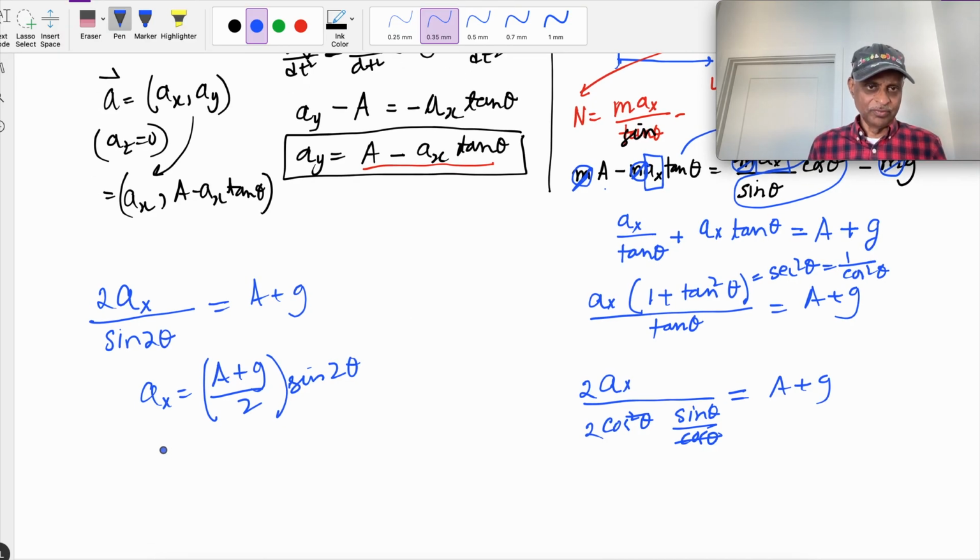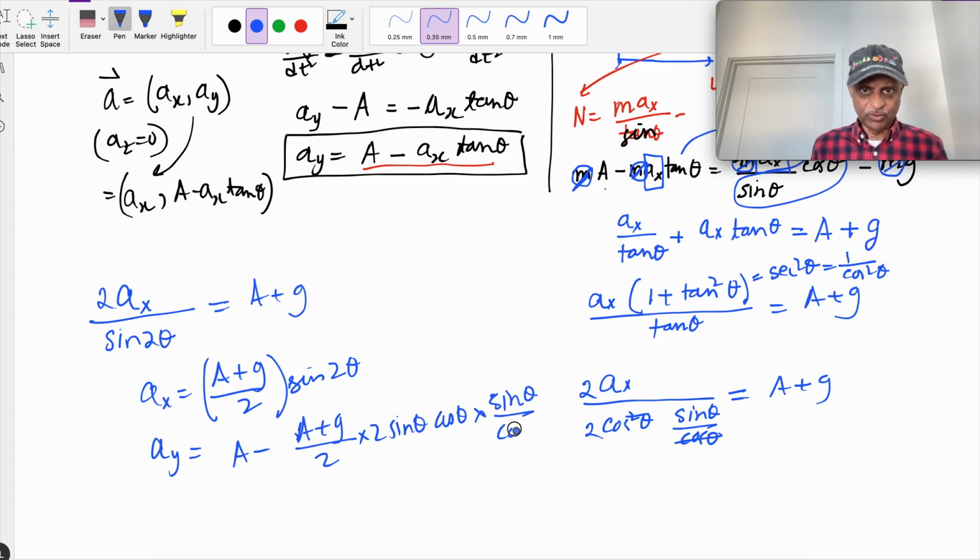And a sub y is a minus this thing times tangent theta, a plus g over 2 times 2 sine theta cosine theta times sine theta over cosine theta. Cancels out, of course, 2 goes away, and the sine square theta.